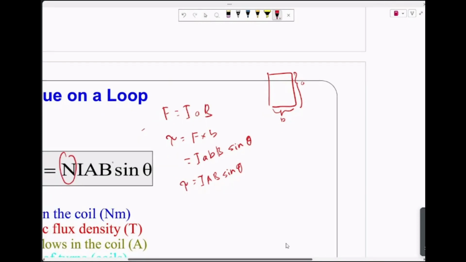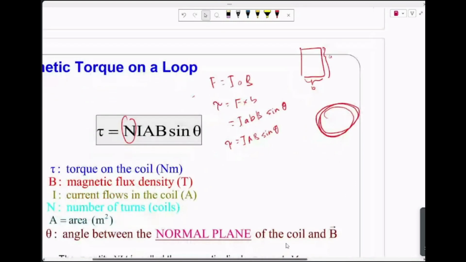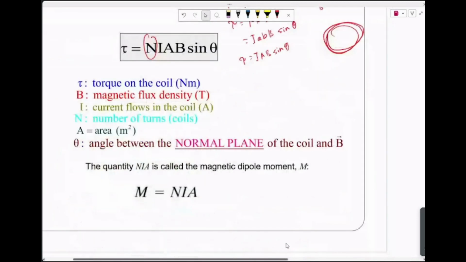So this N, you can increase the number of torque if you have multiple equal dimension of the coil. You technically make a wind. So the more you wind, the more current flows through multiple coils, then the more torque you will have. Okay. So that's the thing.